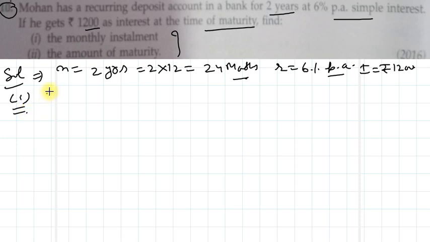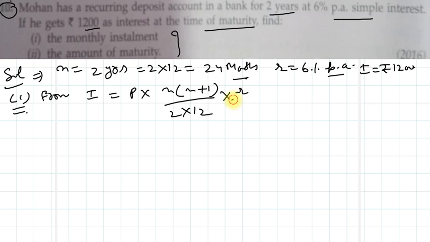So again, from I equal to P multiplied n into n plus 1 upon 2 into 12 into R upon 100, right? So interest is given 1200.